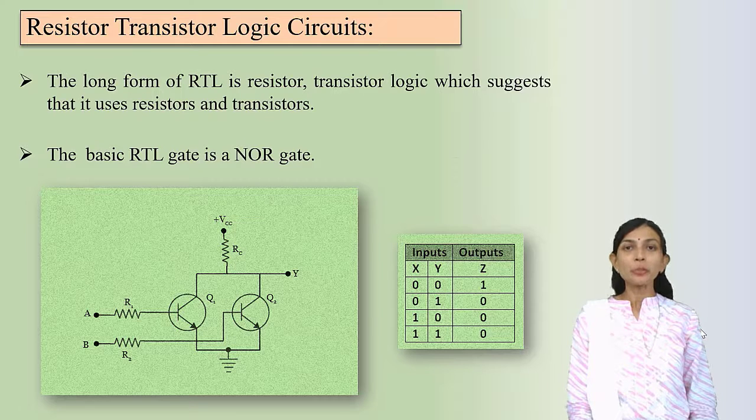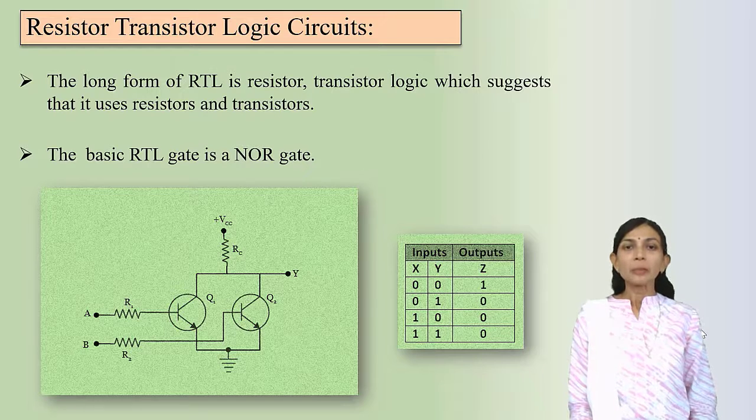Thus, if both inputs are low, 0 0, both transistors are off, meaning the input junctions of both transistors are reverse biased. So plus VCC appears at the Y output.